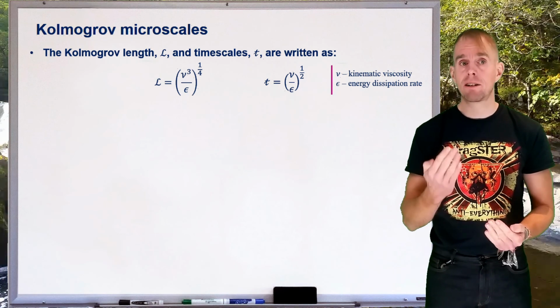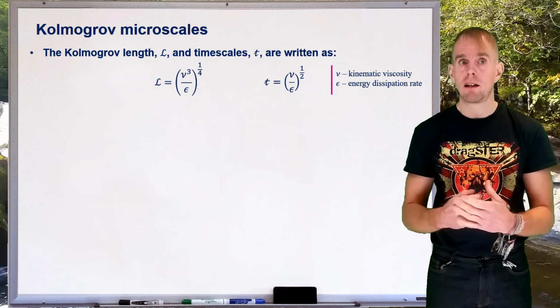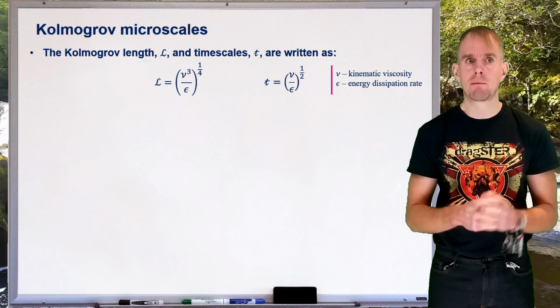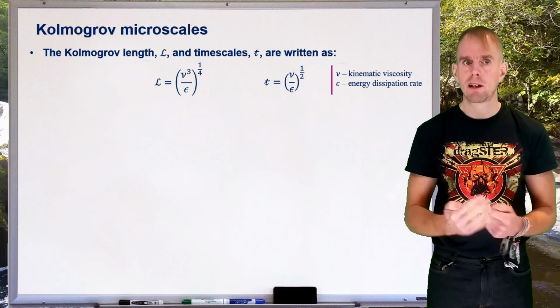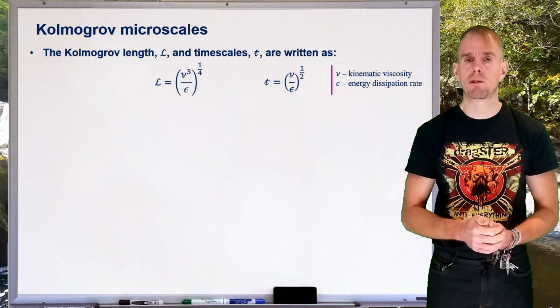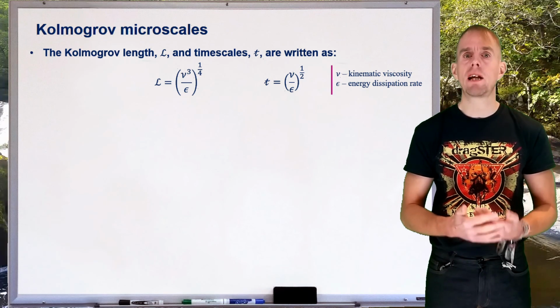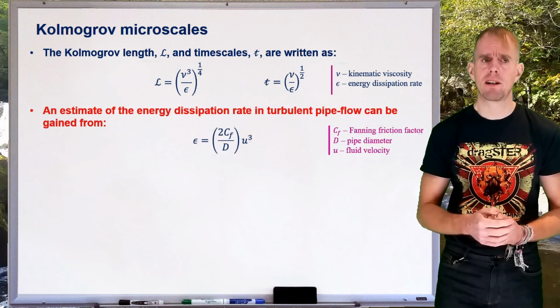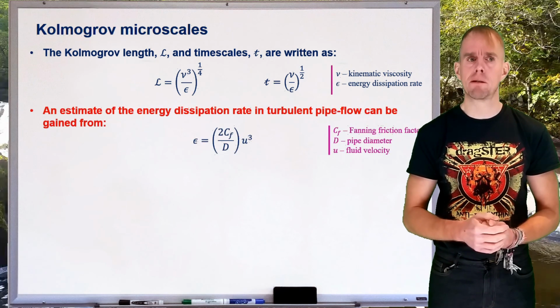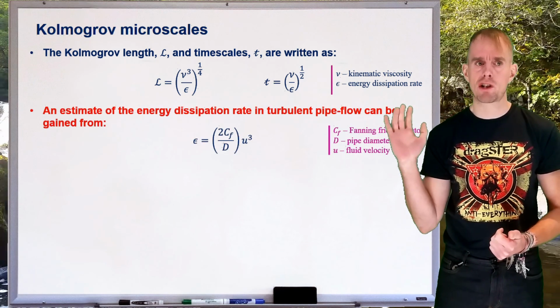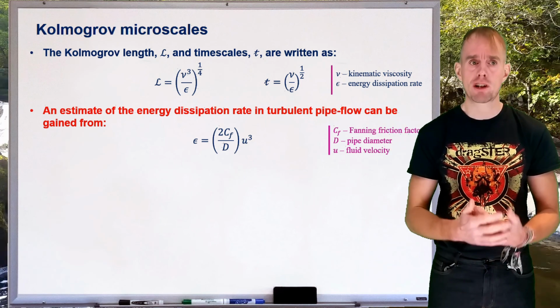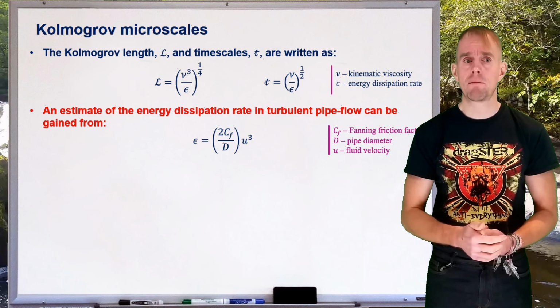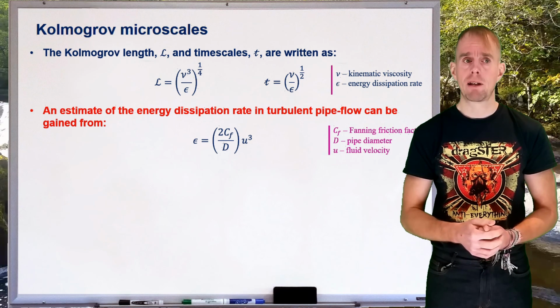We've got a time scale, T, which is a time scale of the smallest vortex. And both these length and time scales can be related to the kinematic viscosity of the fluid and something called an energy dissipation rate. Now, we can estimate an energy dissipation rate in turbulent pipe flow using this expression here. It relates to our friction factor, a pipe diameter, and the fluid velocity.